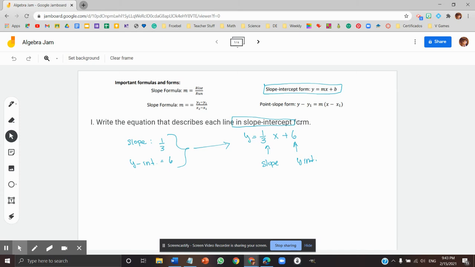Now, what if I don't give you the intercept? What if I just give you a point, a random point? Well, again, it's pretty easy. Let's say you have the slope, and I'm telling you that the slope is 4.